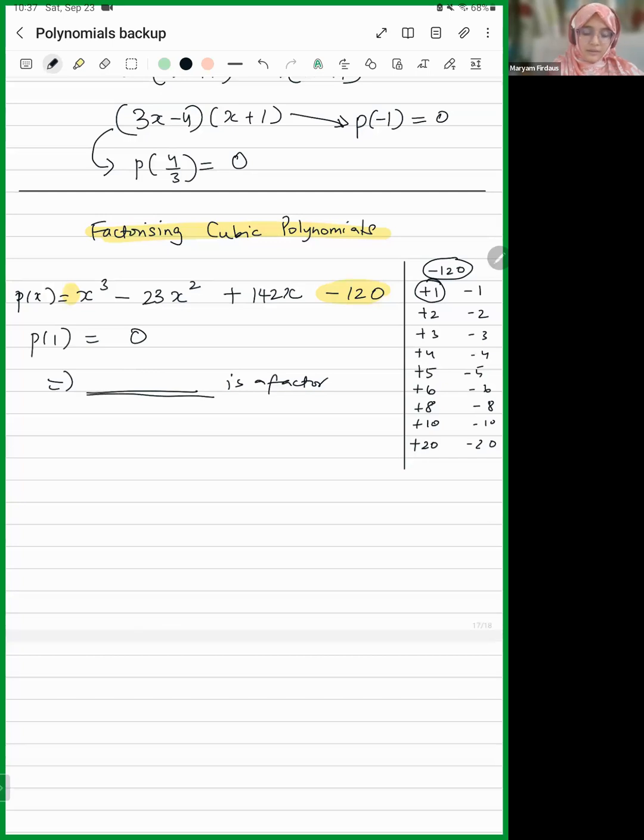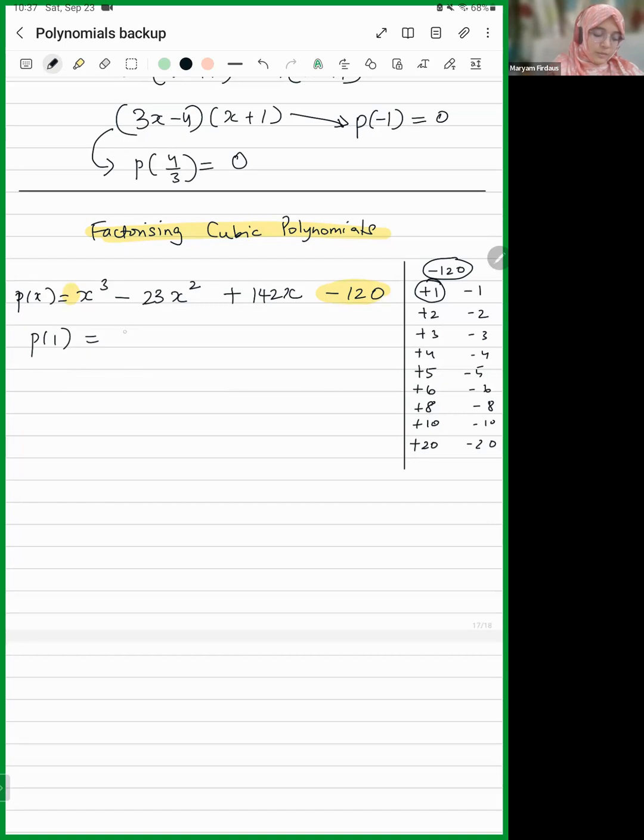x minus 1 will be a factor. If p of 1 is 0, then x minus 1 will be a factor. Right? Now let's see whether p of 1 is actually 0 or not.